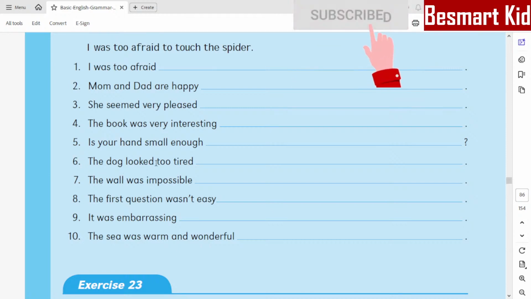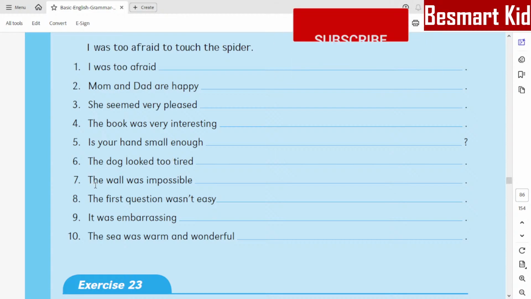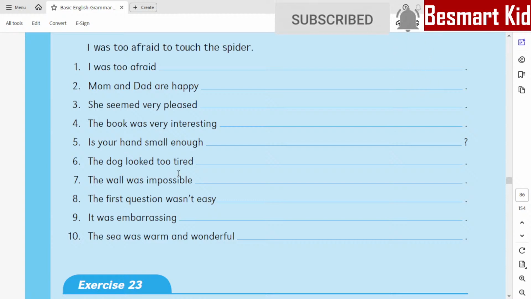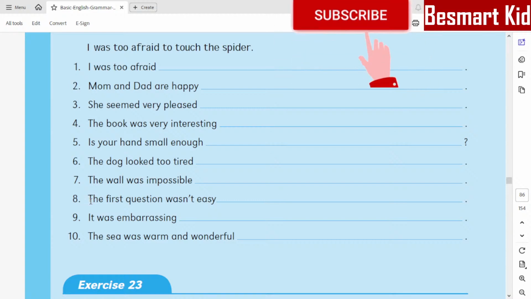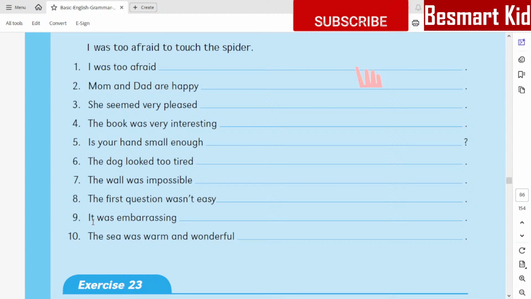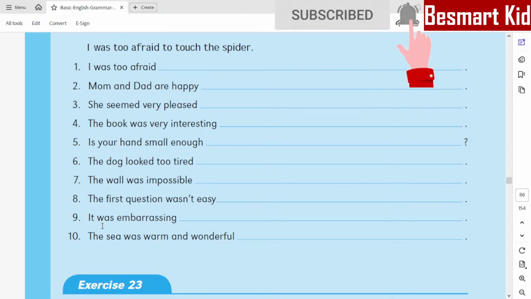Sixth, the dog looked too tired. Seventh, the wall was impossible. The first question wasn't easy. It was embarrassing. The sea was wonderful.